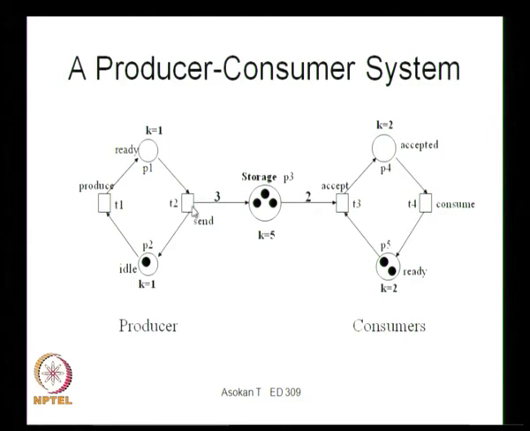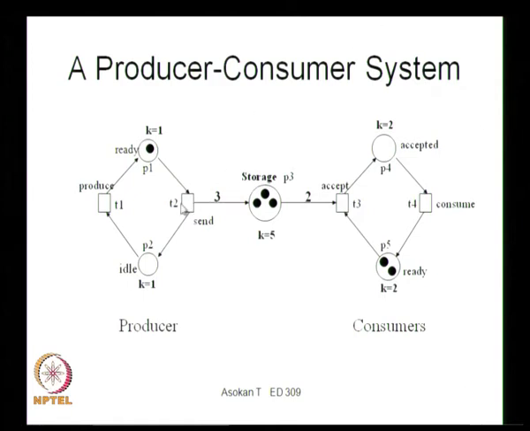Therefore we need to ensure that before he sends this item here, space has been freed by the consumer. We will see how we actually represent this scenario. Once we have this, he can produce further and it will be ready, but it cannot be sent. You can see here this cannot be sent, because if you send it, it will overflow.